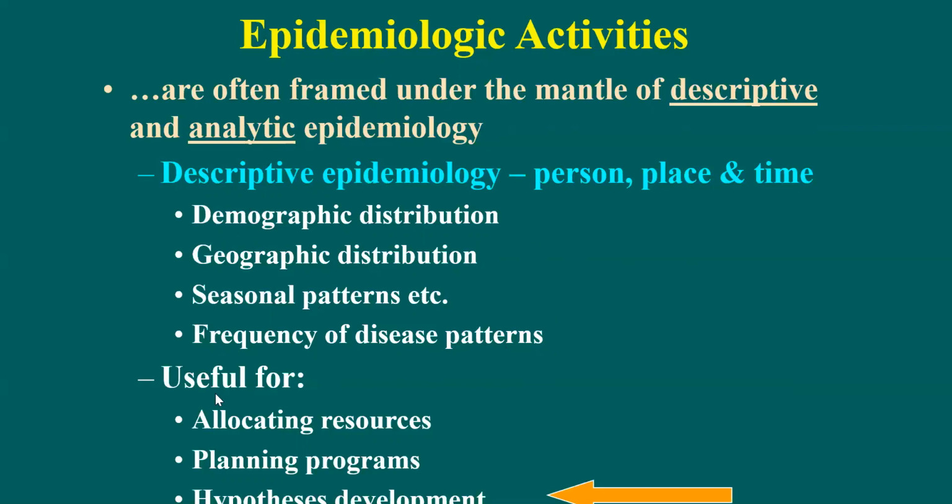Why is it important? Because if you know where people are affected and who is affected, we can use that for allocating resources. And we can also use the same for hypothesis development.